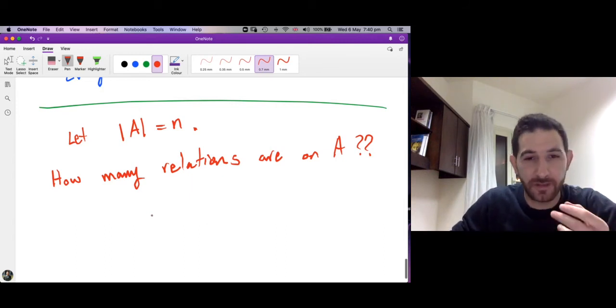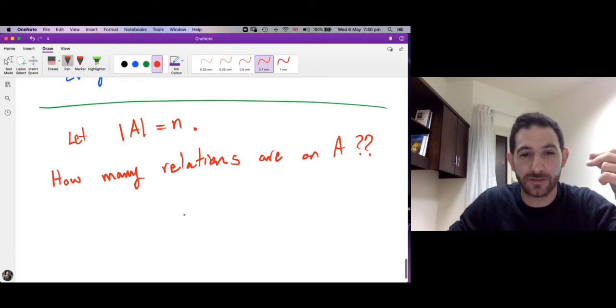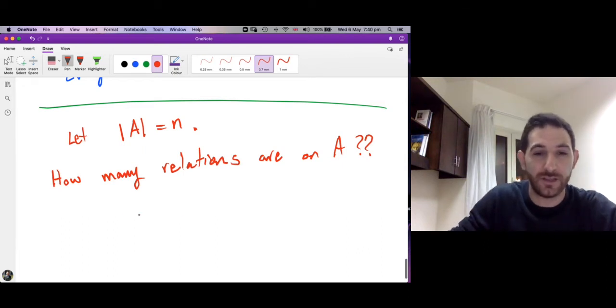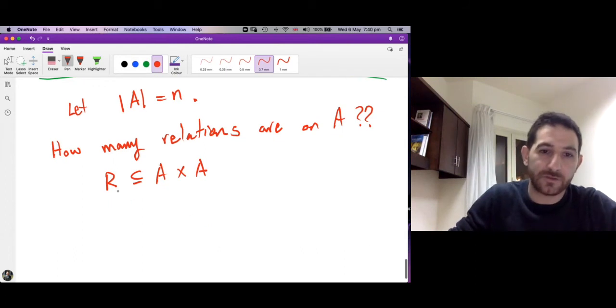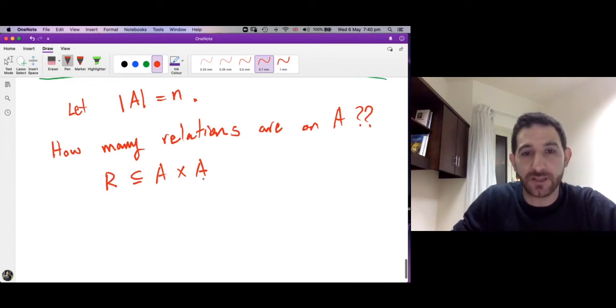To figure out this question, you need to tell yourself what a relation on A is. A relation on A is a set R, a subset of A cross A. So for every subset of A cross A, we have a relation.